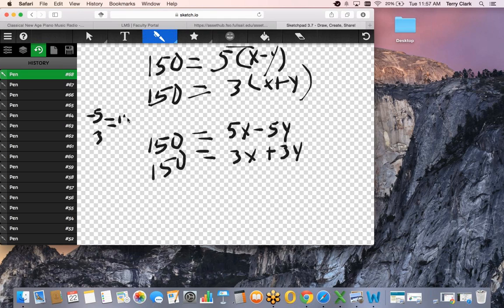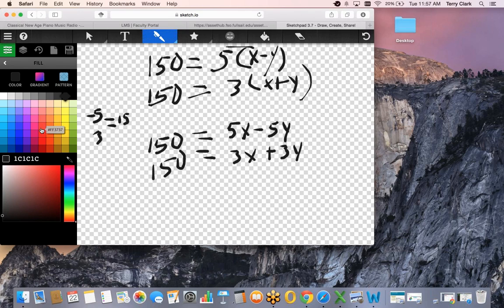Okay, so how do we get there? For the first one, the whole thing gets multiplied by 3. And for the second one, the whole thing gets multiplied by 5. So that's how you come up with the LCMs in this case.